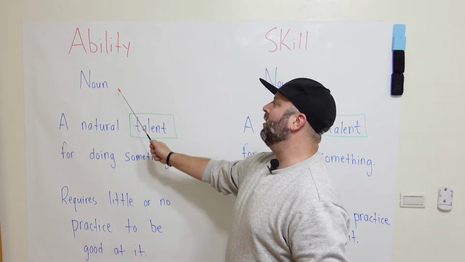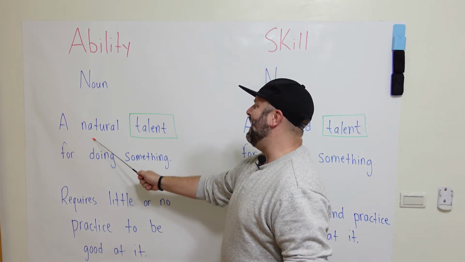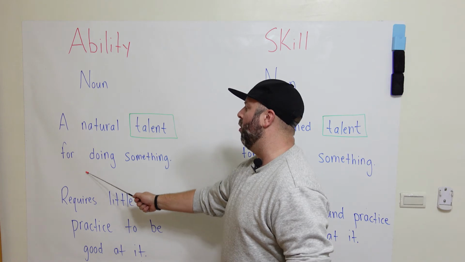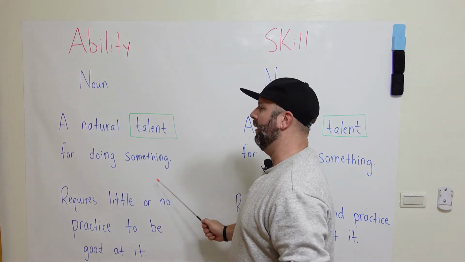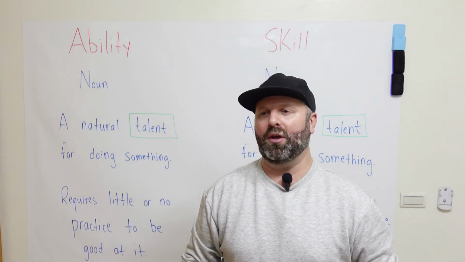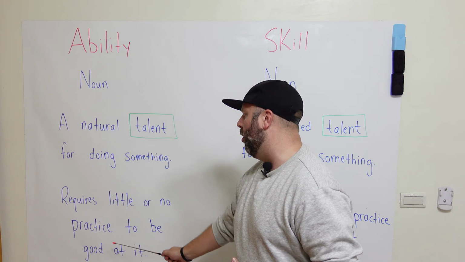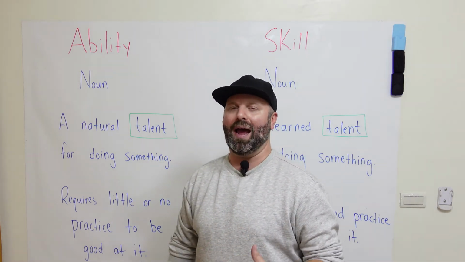Well, ability is a noun. Now, an ability is a natural talent for doing something. Okay, so if you have the ability to do something, it means that it requires little or no practice to be good at it.